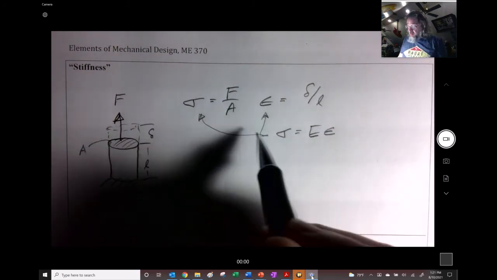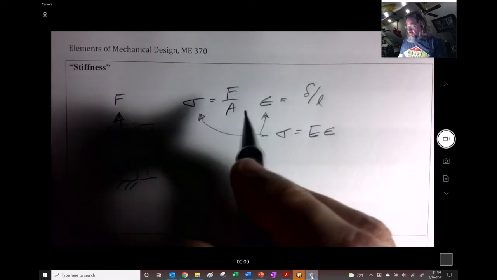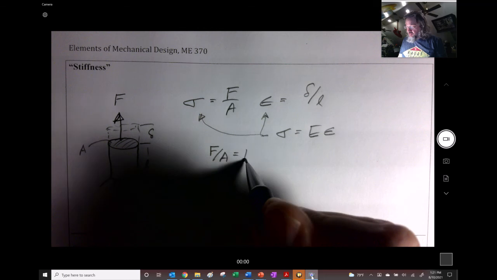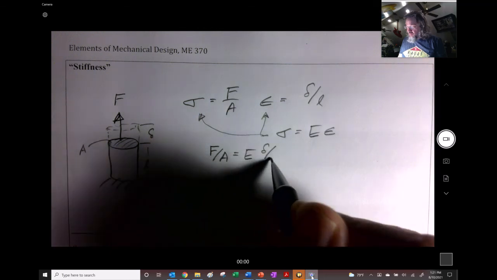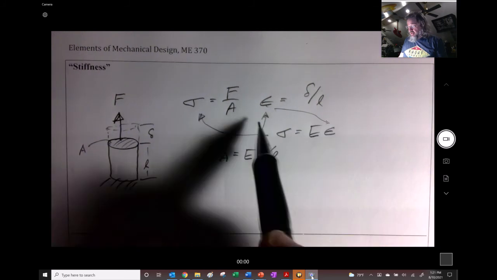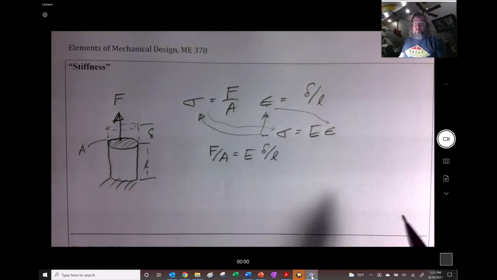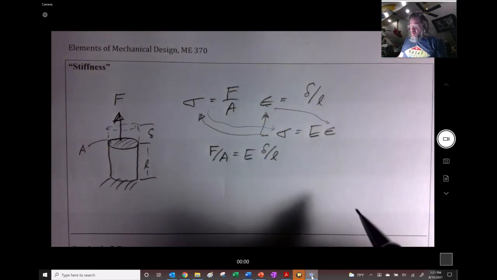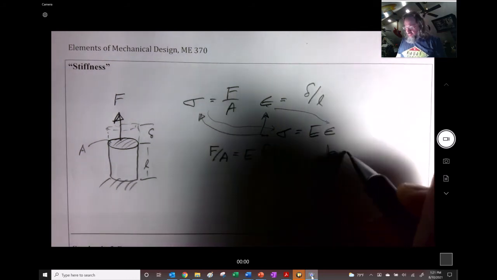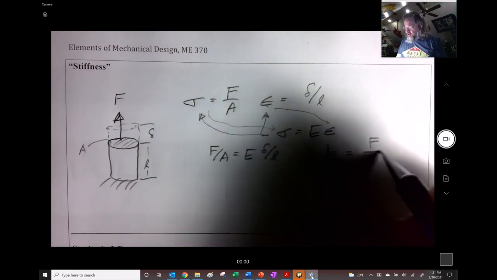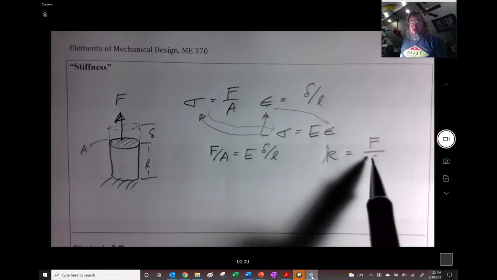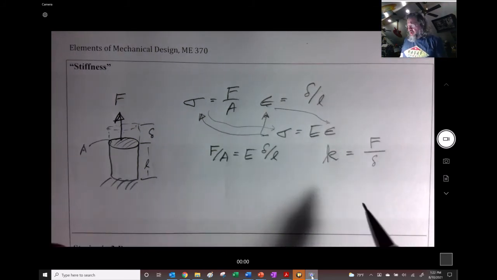Those things are related to each other. So we can just put those back into place, right? We could say F over A is equal to E times del over L, right? We just substitute this in for that. Well, we know that we could define stiffness as being the force divided by the displacement, right? So that's just for a spring.